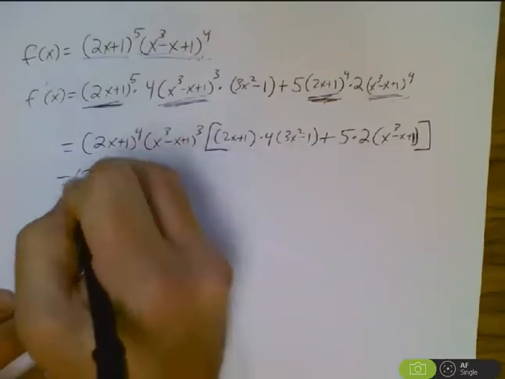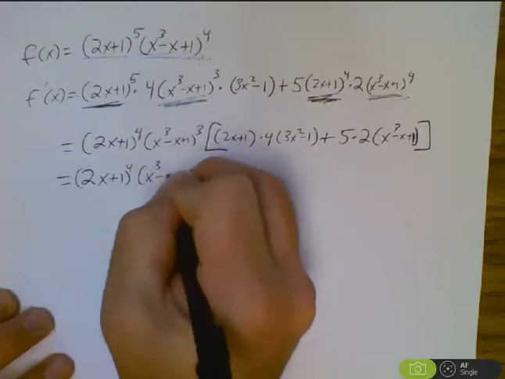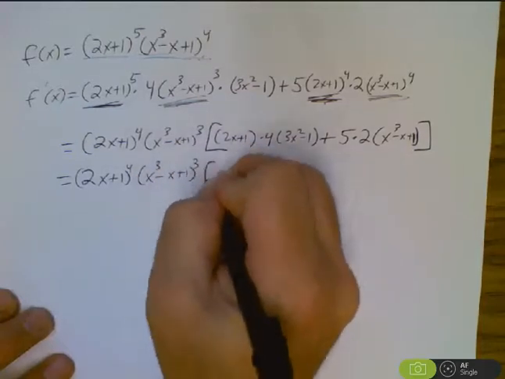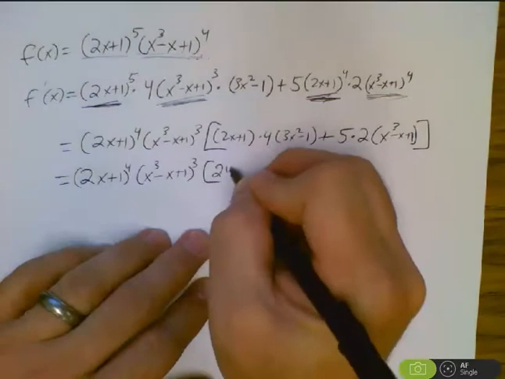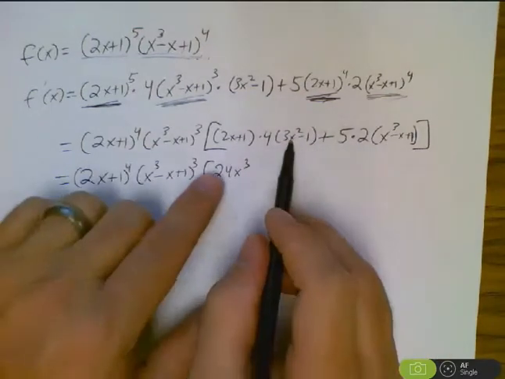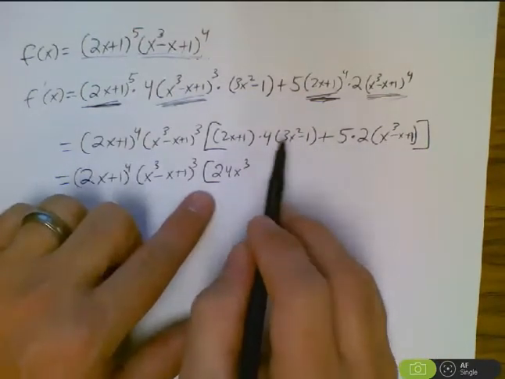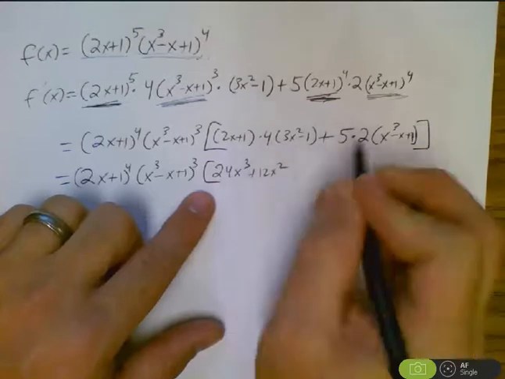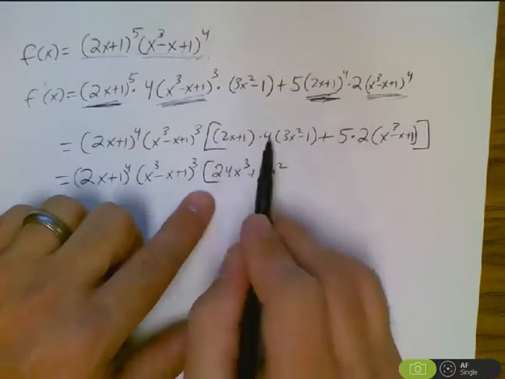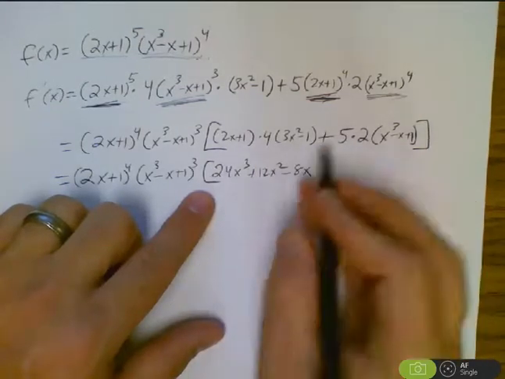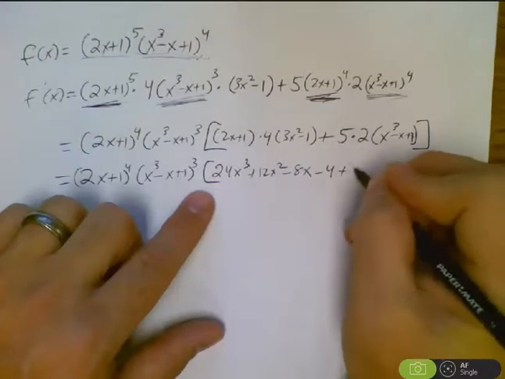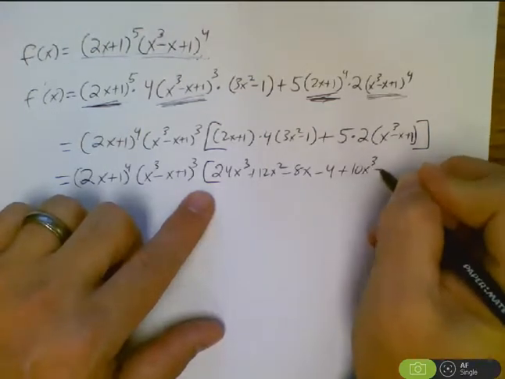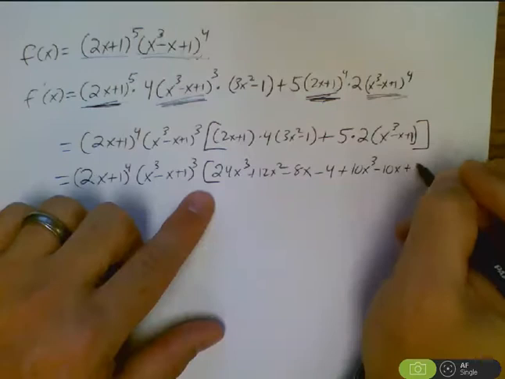But again, this isn't calculus anymore, now we're just doing algebra. So let's see. If I do this, I get 6x cubed times 4, so 24x cubed. I've got 3x squared times 4, so 12x squared. I've got negative 2x times 4, so that's negative 8x. And negative 1 times 4 is minus 4. Plus 10x cubed minus 10x plus 10.